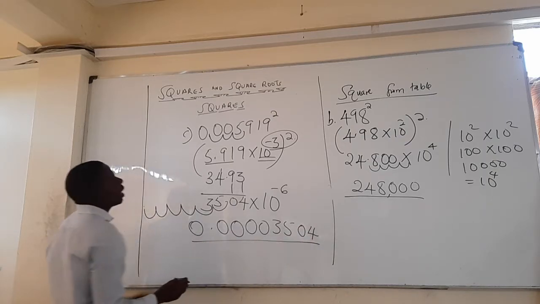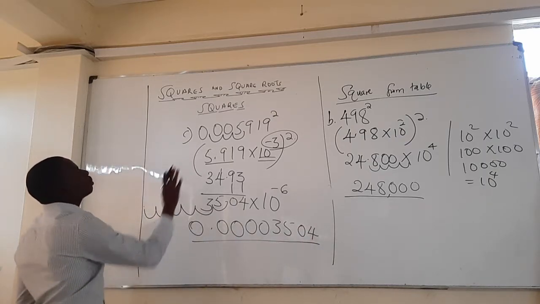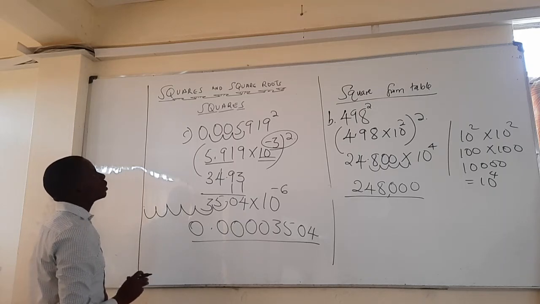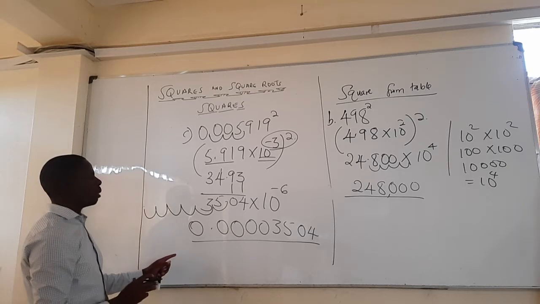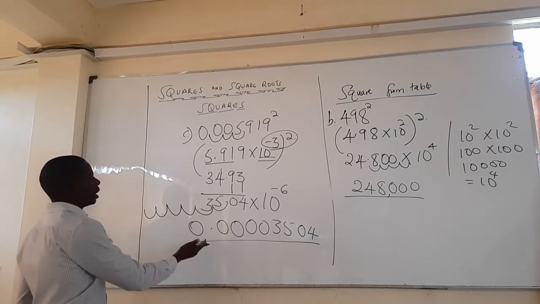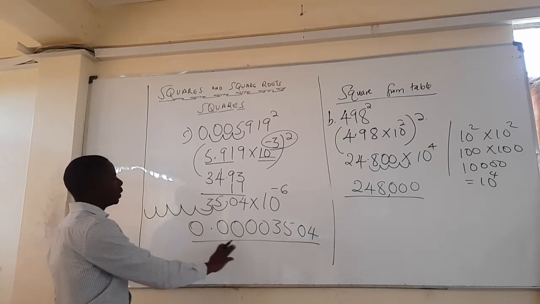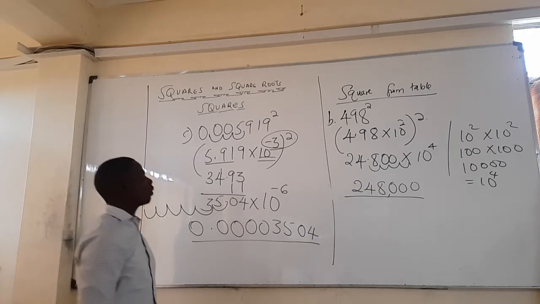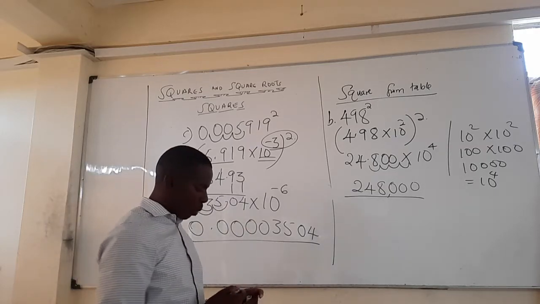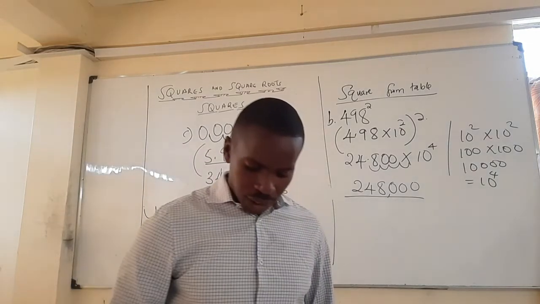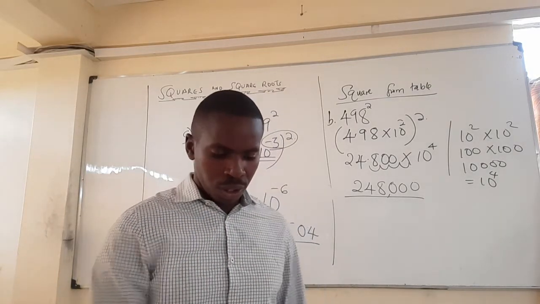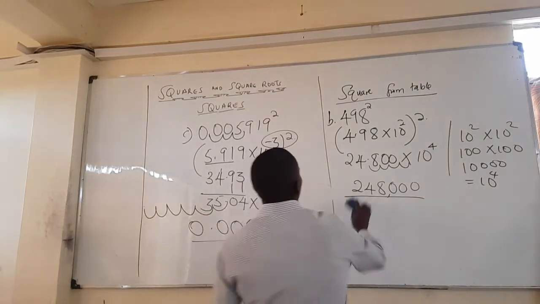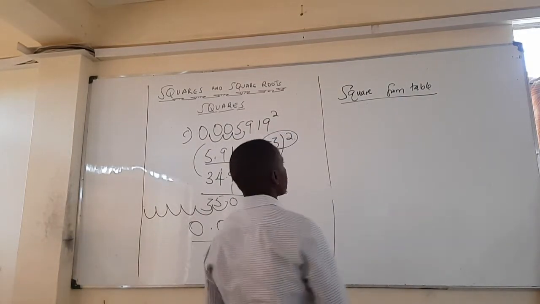So that is the square of 0.005919. When you square that number using the table, we find that it's 0.00003504.